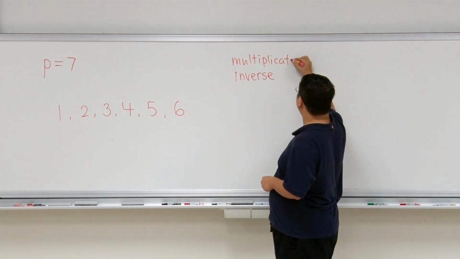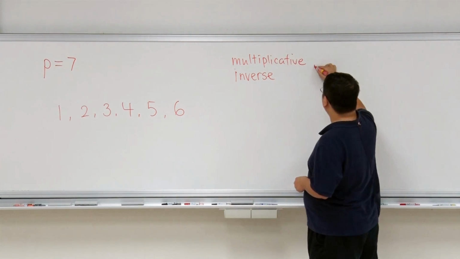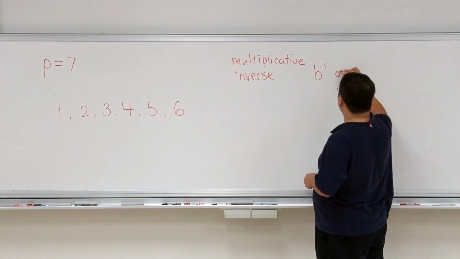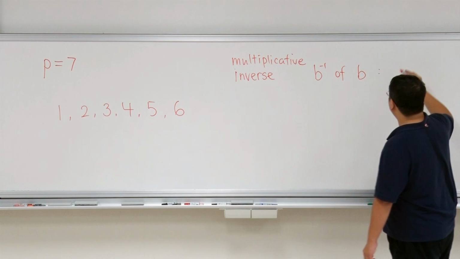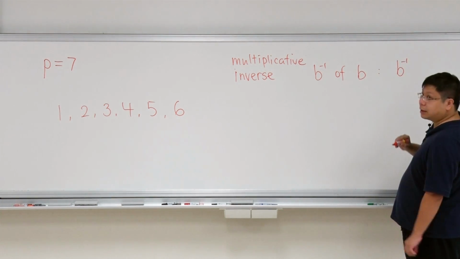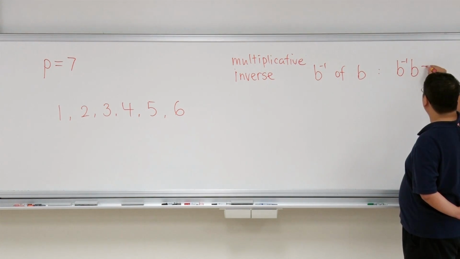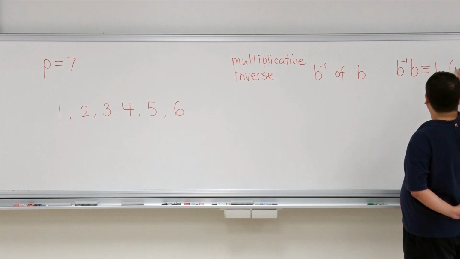Let's say the inverse of a number b is the number such that b inverse times b is equal to 1 mod p.